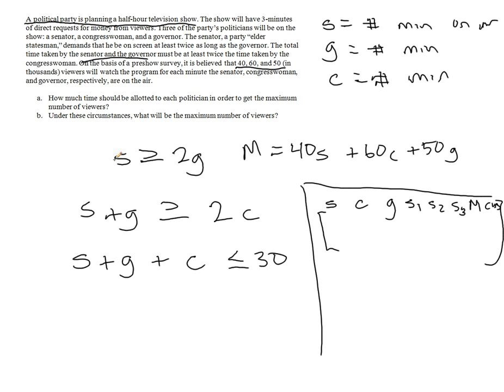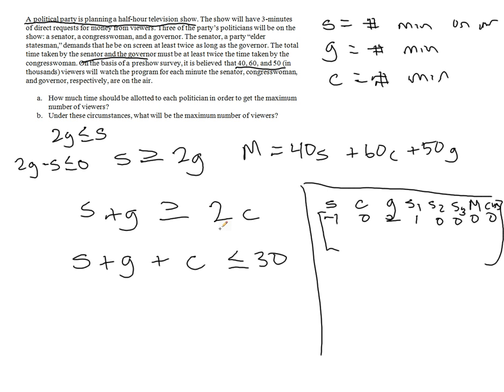For the first one, we have to get it in the form less than or equal to. So if we switch this and write 2g less than or equal to s, that means 2g minus s is less than or equal to 0. So 2g minus s, 0 c's, a slack variable, constant is 0.